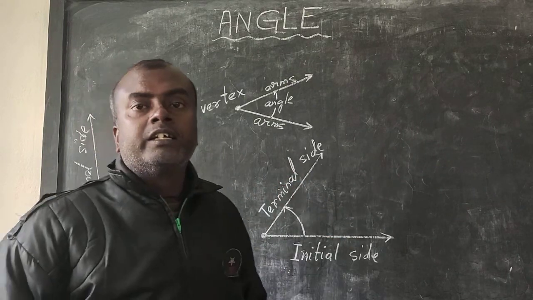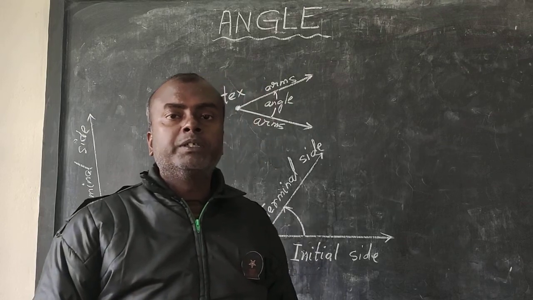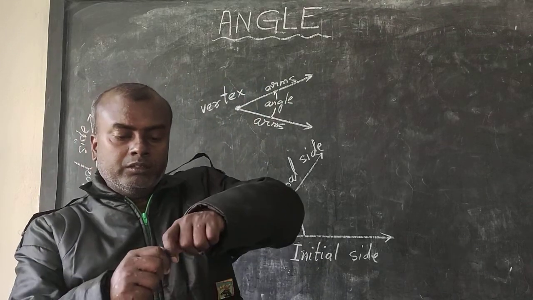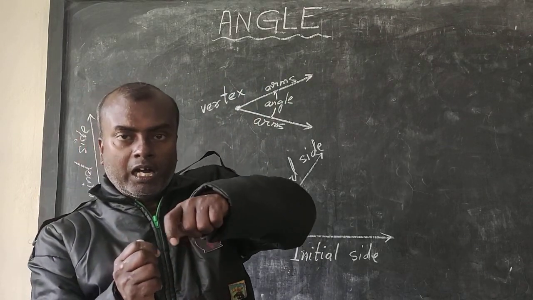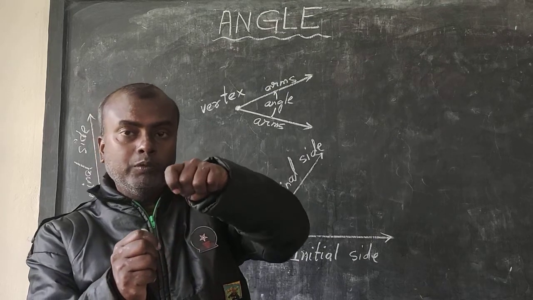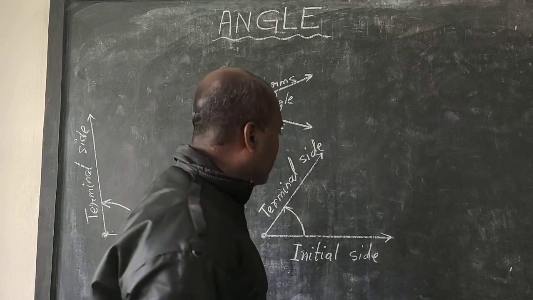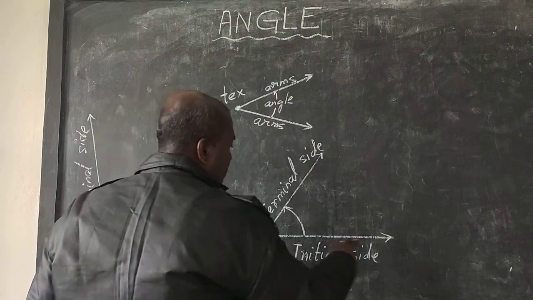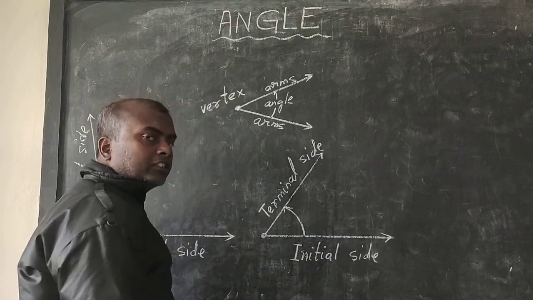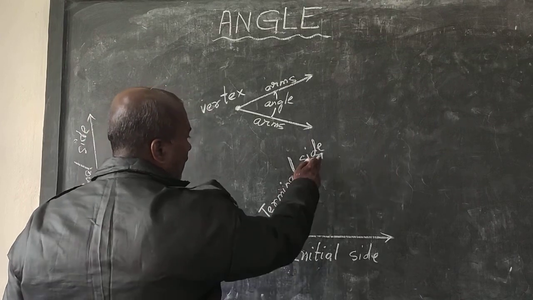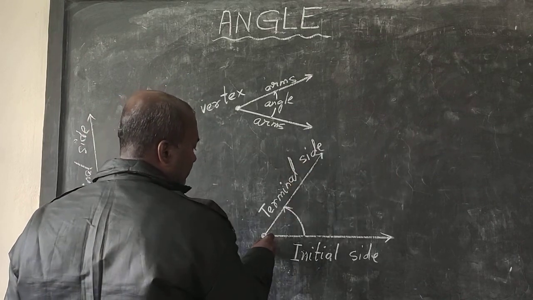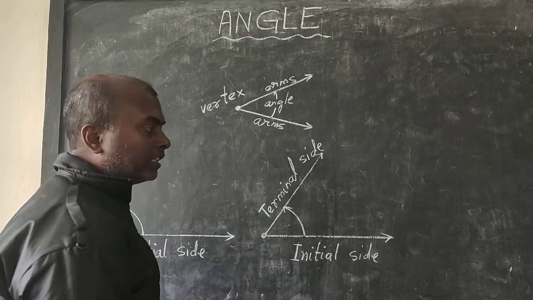It's like a divider in your geometry box, compass, divider. Remember, you hold one of the arms of the divider and then pull the other arm like this. Alright, so the fixed side is called the initial side, and this arm which can rotate about the fixed point, that is called the terminal side.